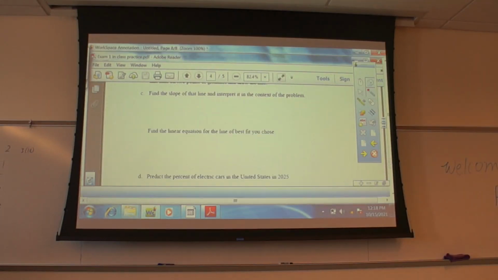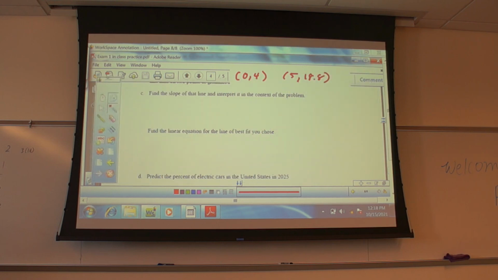These are 2 points. They were (0, 4.0) and (5, 18.8). Okay, so find the slope. Again, I'm going to start from the back and subtract the front.